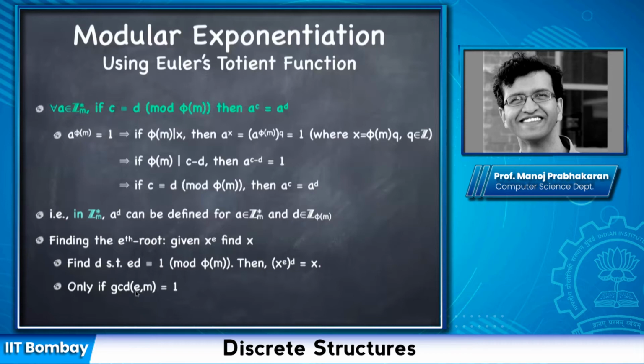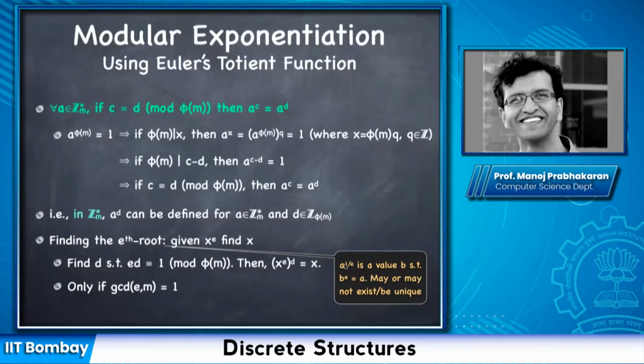So e should belong to Z phi m star, or in other words, e should be co-prime with phi m. In these cases, the eth root is well defined, and I would often just write a to the power 1 over e to denote the eth root for any element a in Zm star.